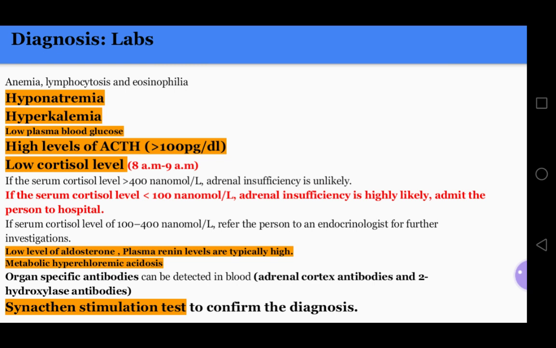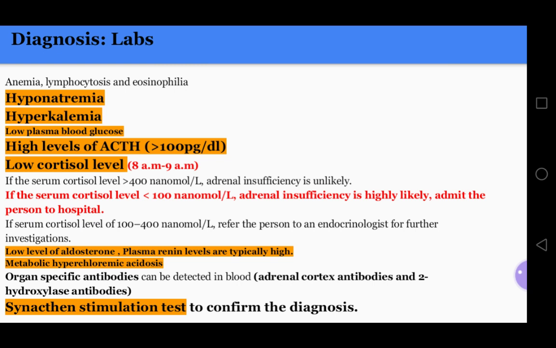to 9 a.m. If serum cortisol level is more than 400 nanomole per liter, then adrenal insufficiency is unlikely. Cortisol level should be lower than normal to diagnose Addison's disease.